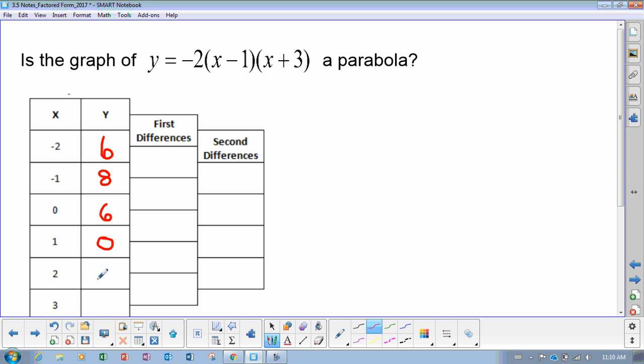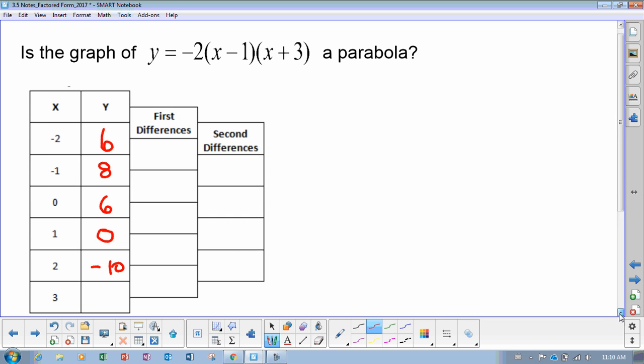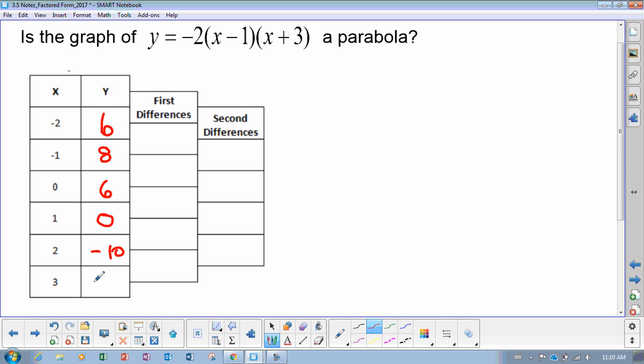So I put in 2, take away 1. 2 plus 3 is 5. So we have -10. And then we have 3, take away 1 is 2. 2 times 6 is 12, times -2 is -24.